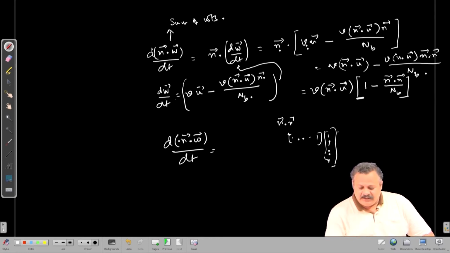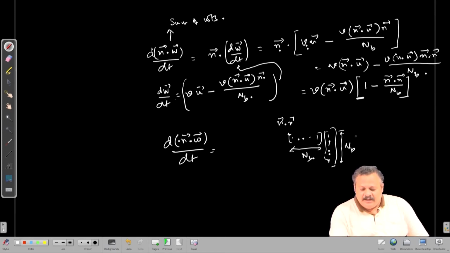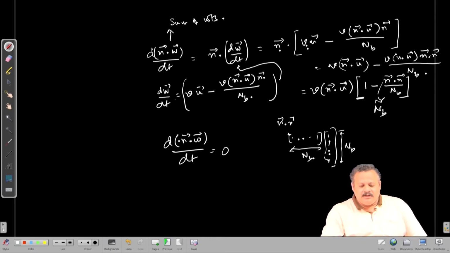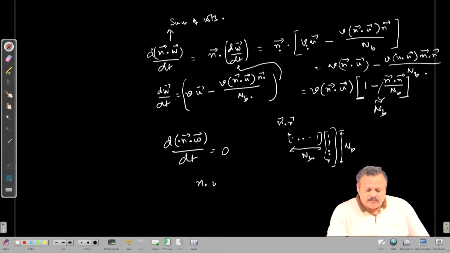Because the number of elements is NB, and here also the number of elements is NB, this becomes NB. So, if this becomes NB, then this whole term goes to 0. And so, our n dot w is a constant.